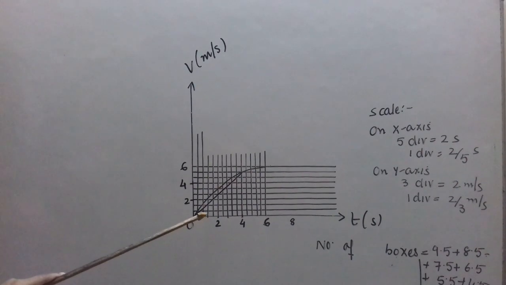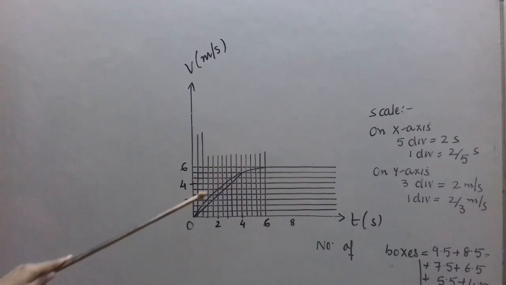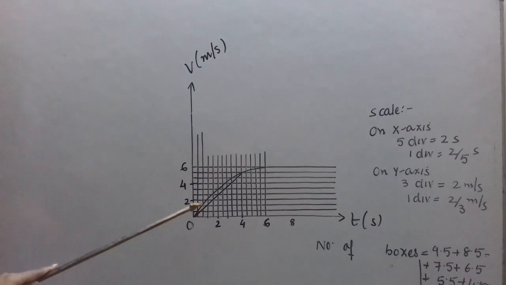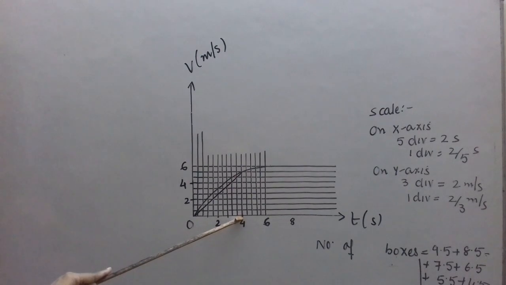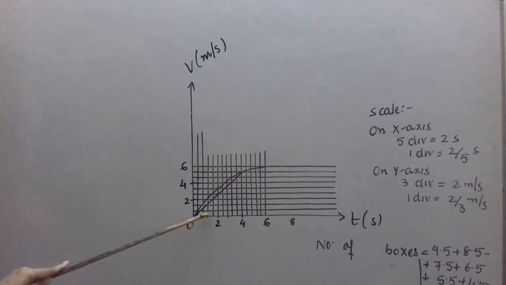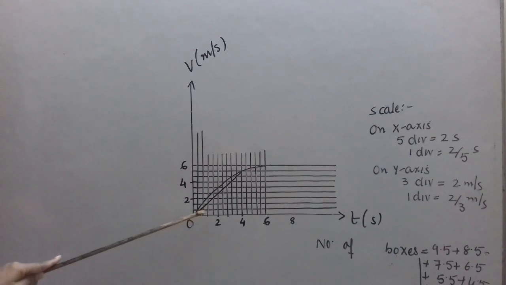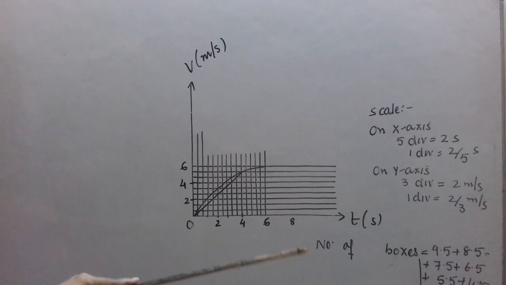Now for this, what you will do is find the number of boxes under this graph in this area. How will you calculate the number of boxes? Like here, from 4 towards this side, how many boxes are there? 9.5. In the second line, if you count, the number of boxes is 8.5.